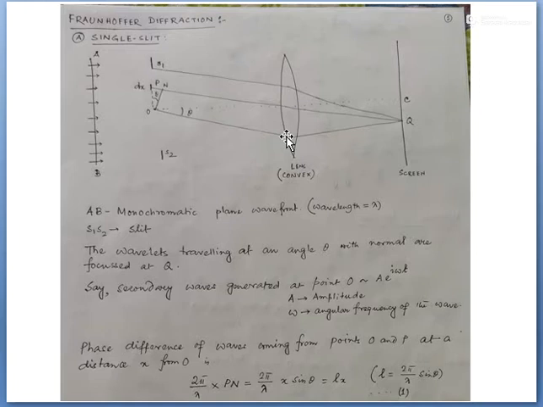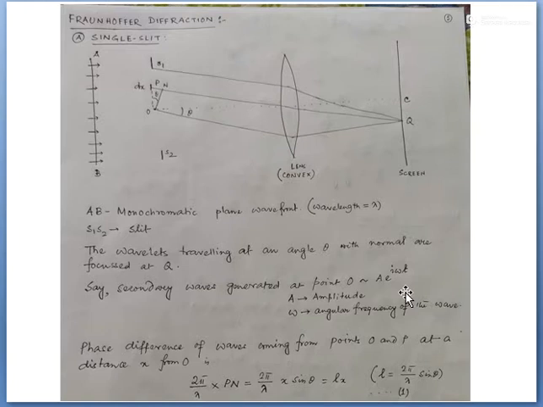right? So the secondary wavelets that are generated at this point O have amplitude a e to the power i omega t, as this is the plane wavefront.